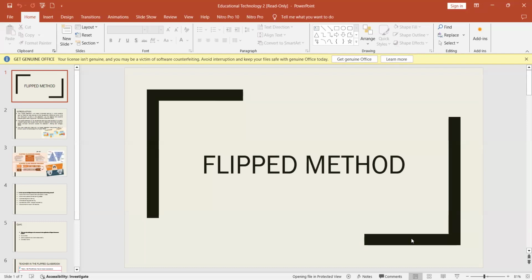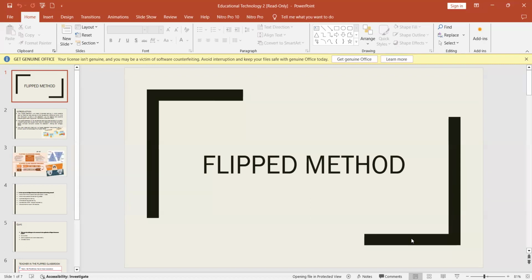What is that method I have put here? Flipped method. And flipped method is actually very much used in the modern classroom. So let's see what this flipped method is.